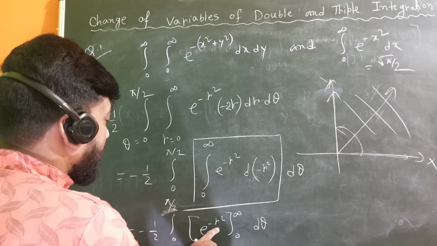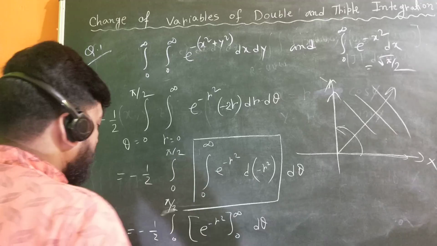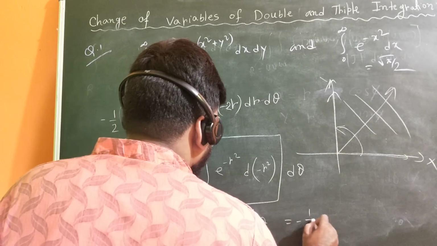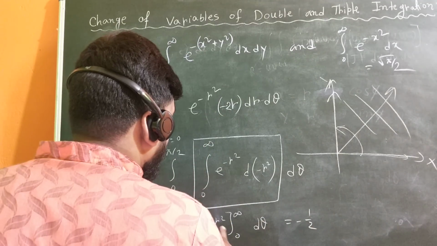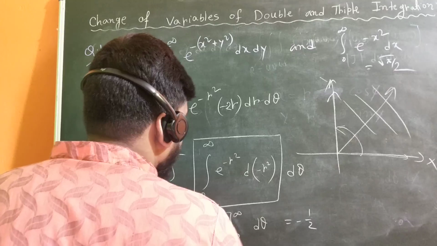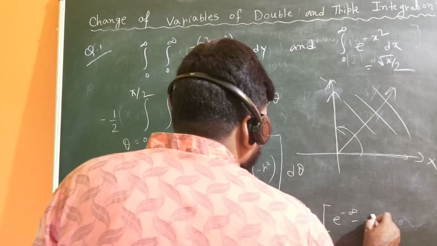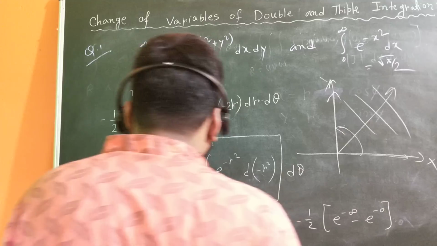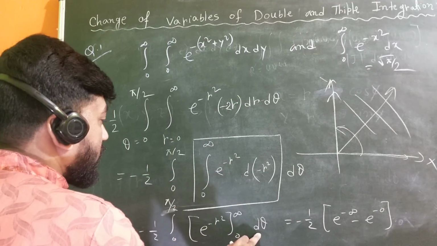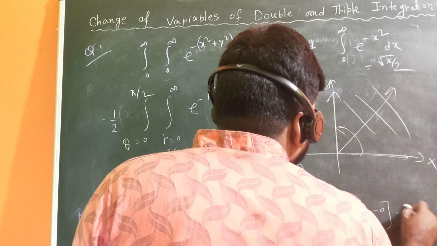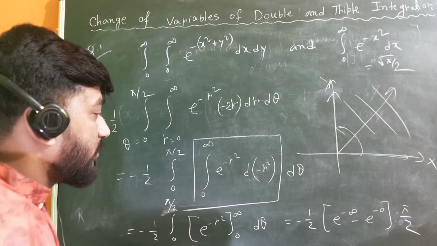If you put the upper limit first, it will be e to the power minus infinity minus e to the power minus 0, and the other thing, integration 0 to pi by 2 d theta, will be just pi by 2.